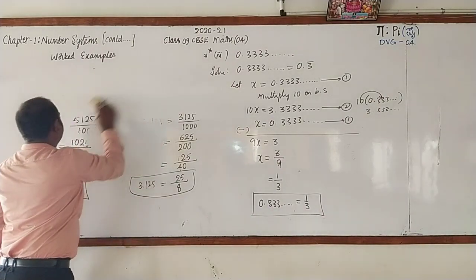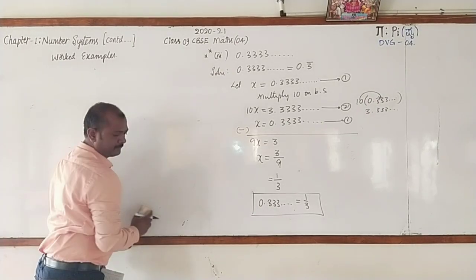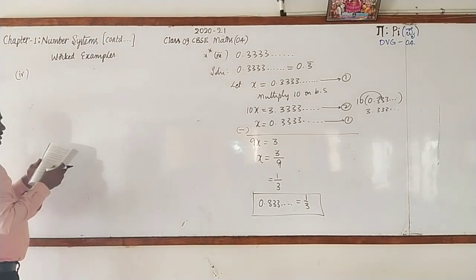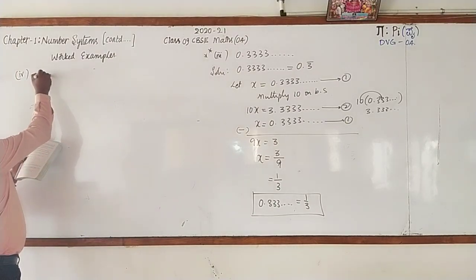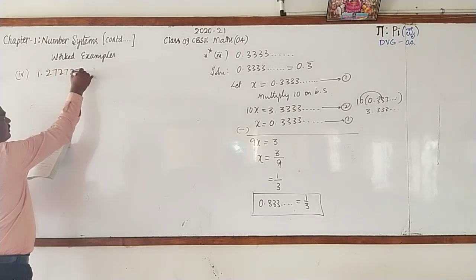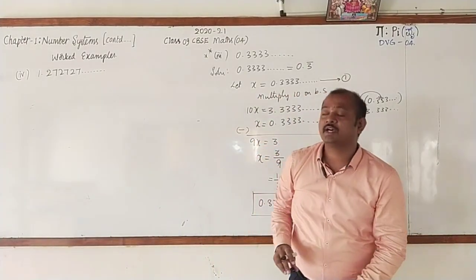It is 1.27 bar. Here I will write that. It is the fourth problem. Fourth one is 1.272727 and so on. In the examination, the question can be asked like this.